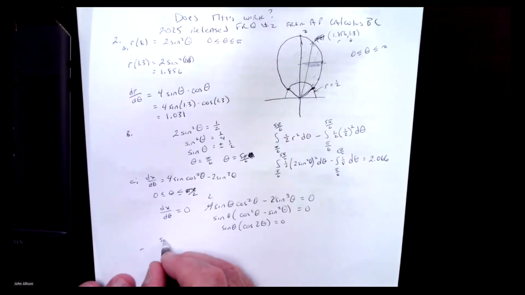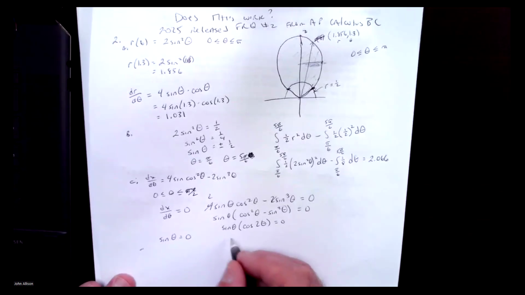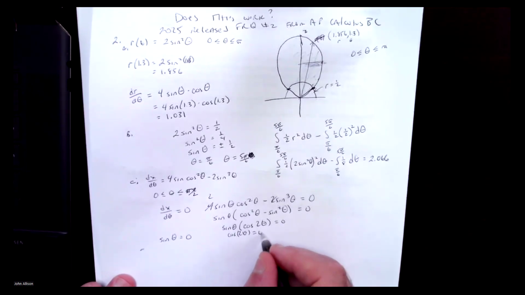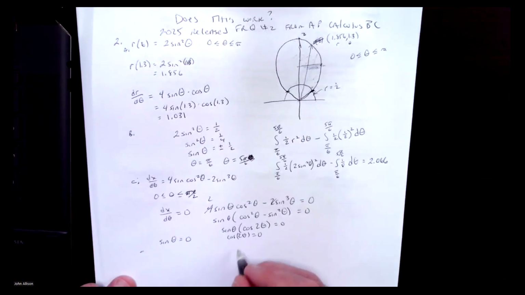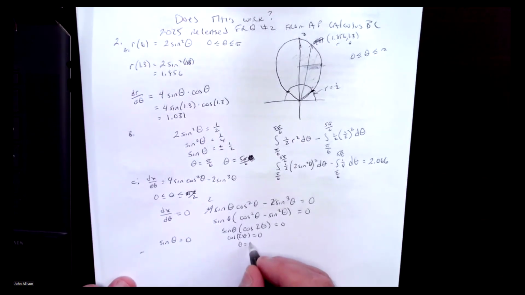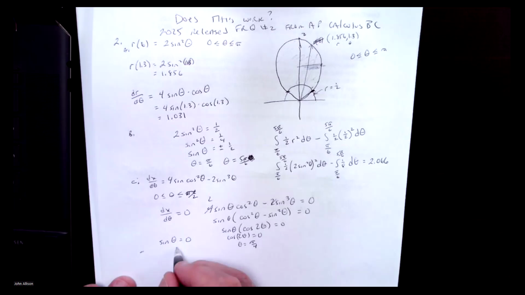So when sine theta equals 0, or when cosine 2 theta equals 0, this occurs when theta equals pi over 4. And this occurs when theta equals 0 on the interval from 0 to pi over 2.